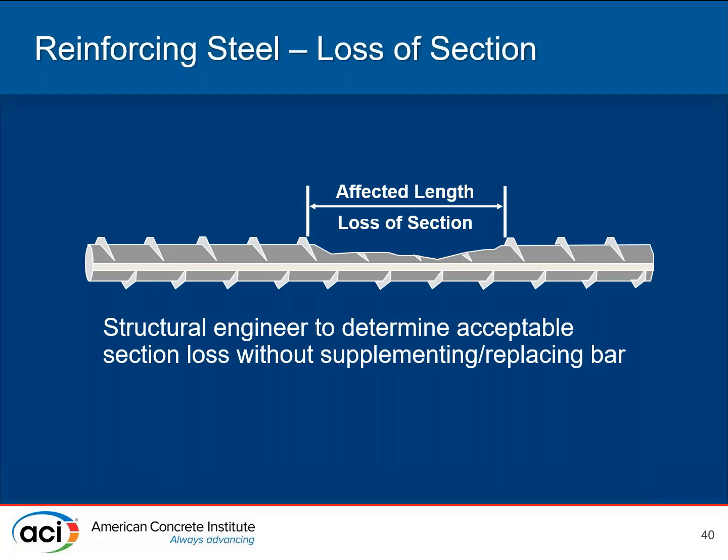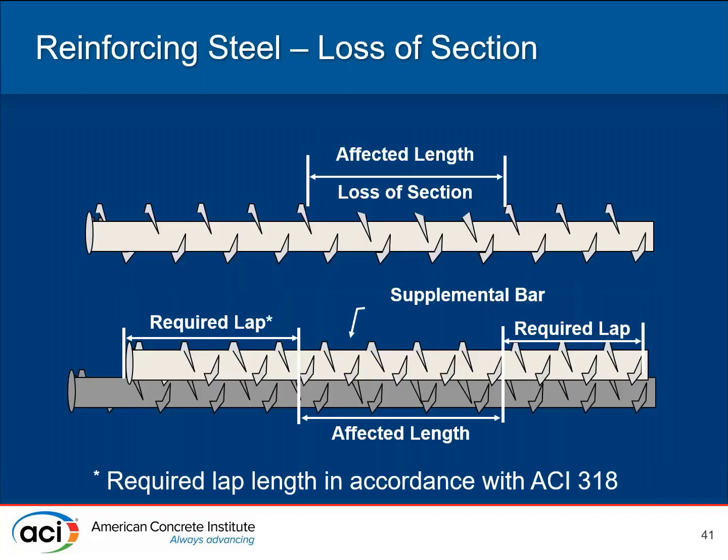So if you lose too much of the section, which really should be determined by the structural engineer, the maximum amount of loss, 10% or 15% is frequently thrown around as a guideline number, but that's up to the structural engineer, you're going to need to address this loss of section over the effective length and restore it to the structural performance.